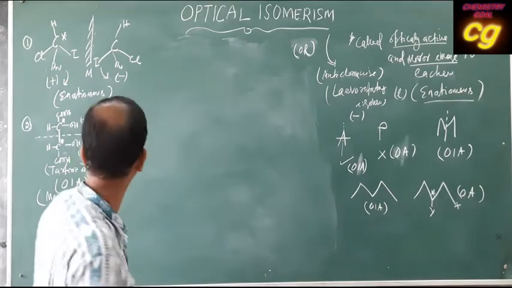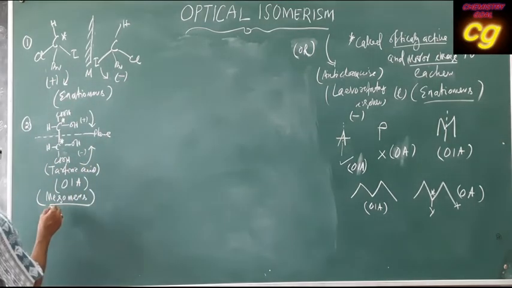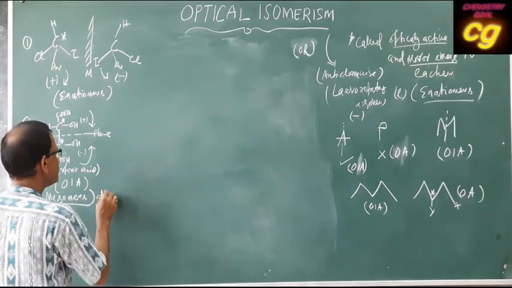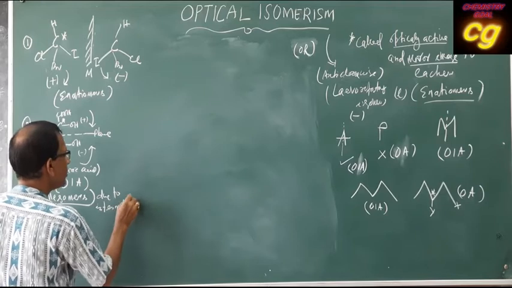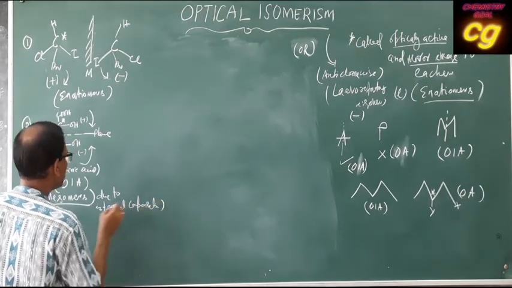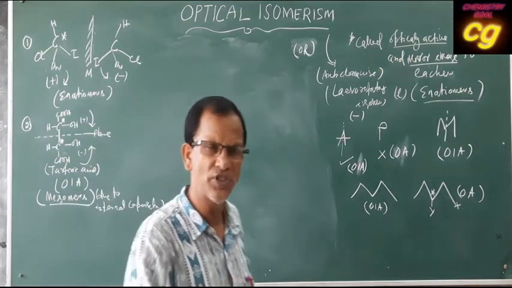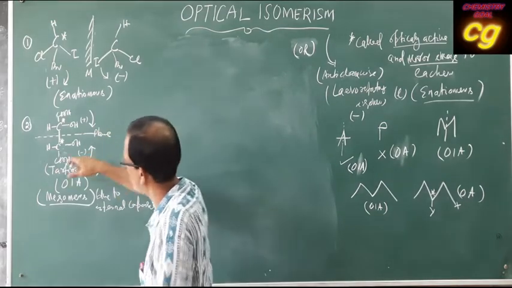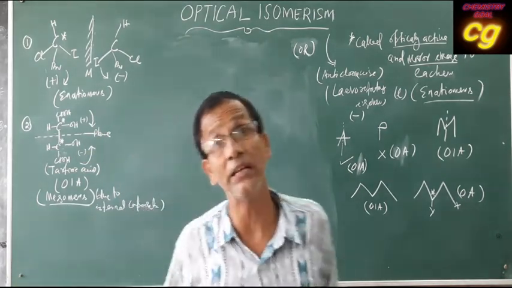Symmetry is there. A meso compound is called internal compensation. Internal compensation means within the molecule, one half opposes the other half. That's why it is optically inactive.